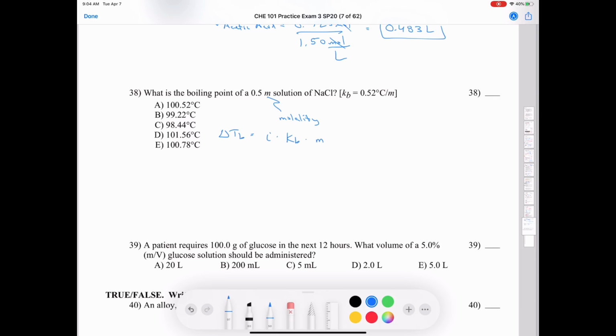Well, if we have sodium chloride, we know that our Van't Hoff factor should be 2, because when I take sodium chloride and I put that in water, I end up with 2 particles. I end up with the sodium cation, and I end up with the chloride anion. So I have i is equal to 2.